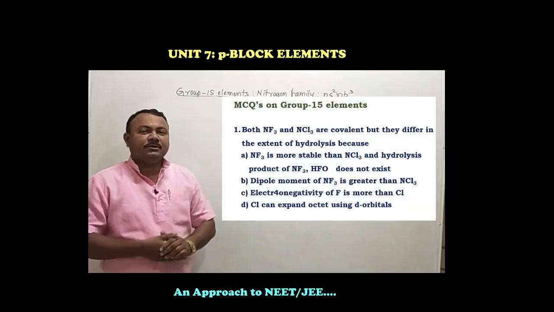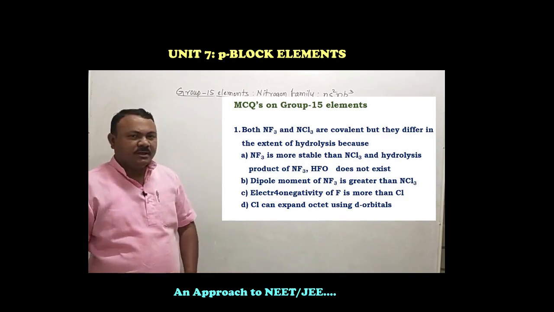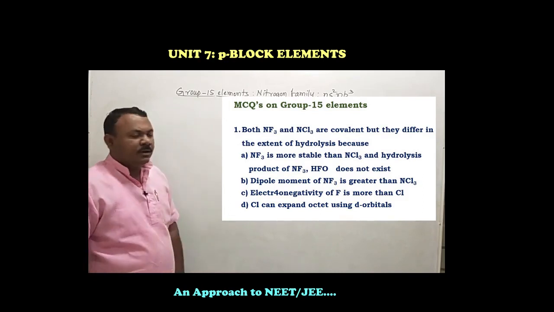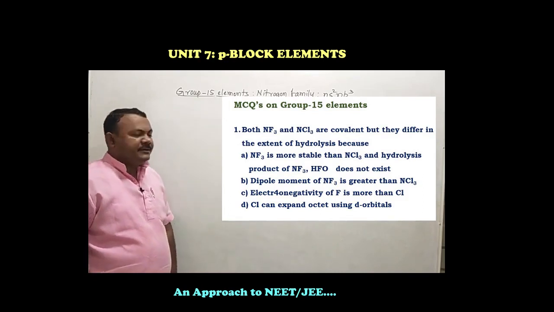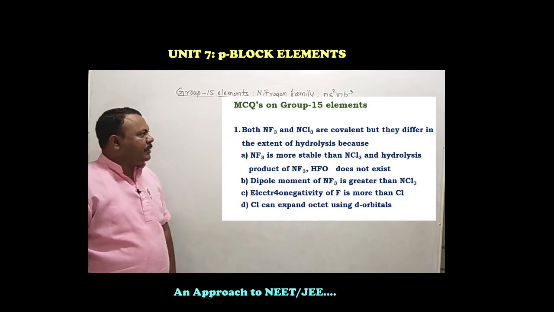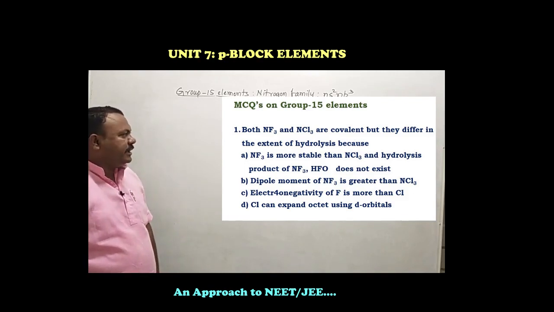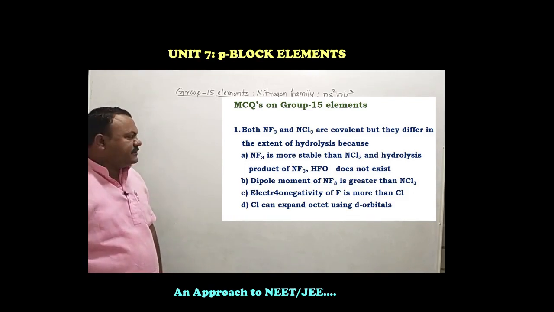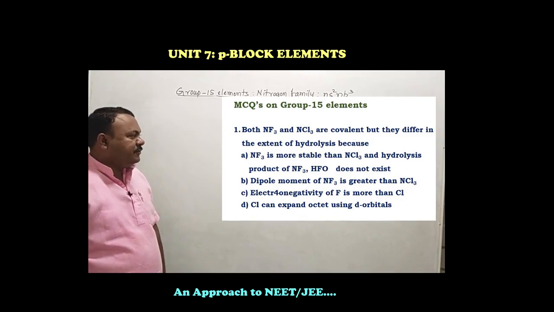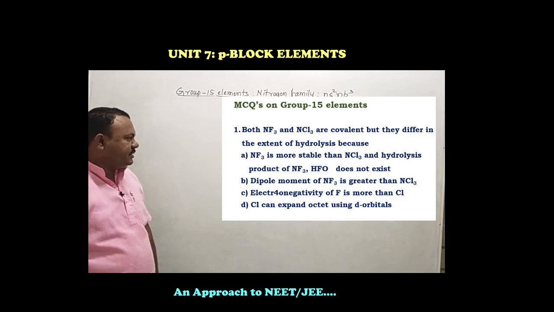Okay, let us go for MCQs on group 15 elements. Look at the first question. Both NF3 and NCl3 are covalent, but they differ in the extent of hydrolysis because NF3 is more stable than NCl3, and the hydrolysis product of NF3, HFO, does not exist.